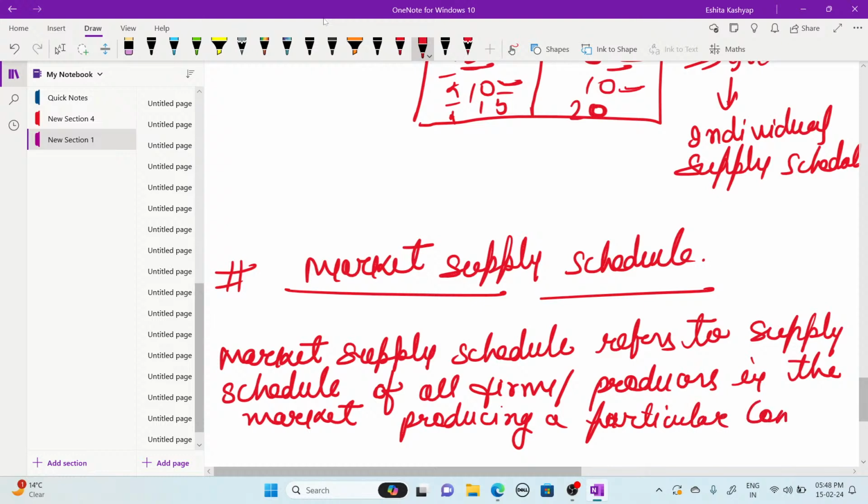Okay, so this is the definition of market supply schedule.